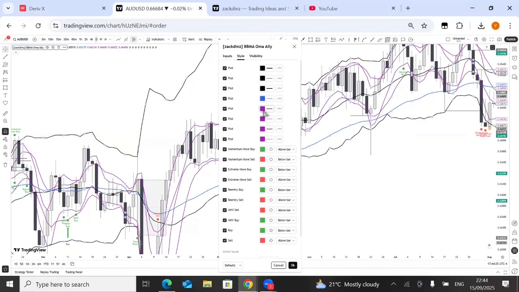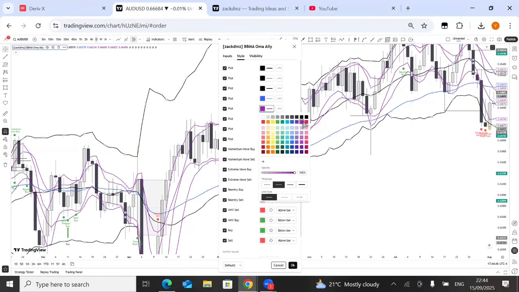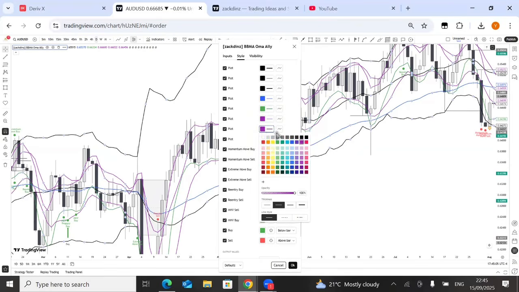You want to separate the moving average 5 and 10 high from the moving average 5 and 10 low, so the two have different colors.